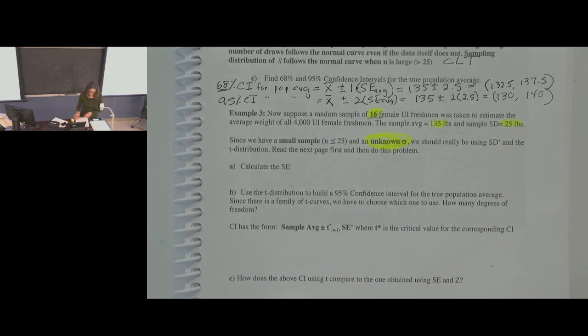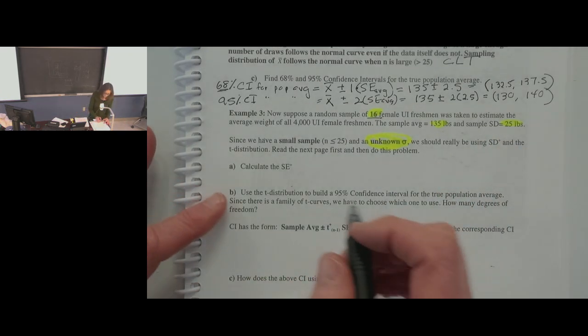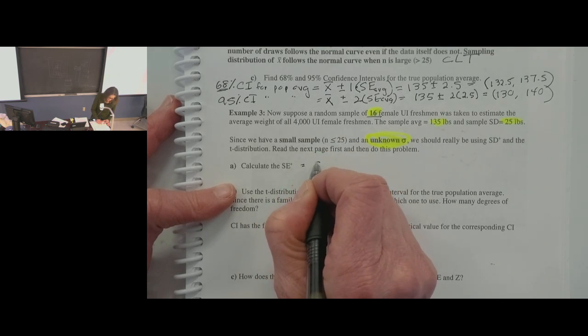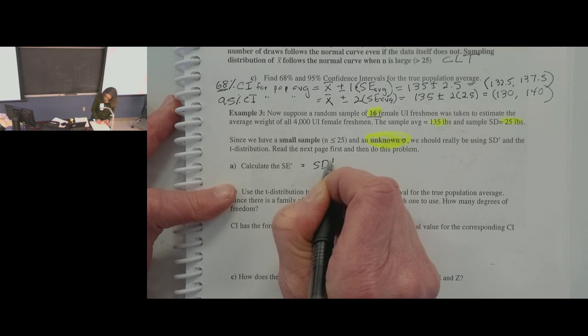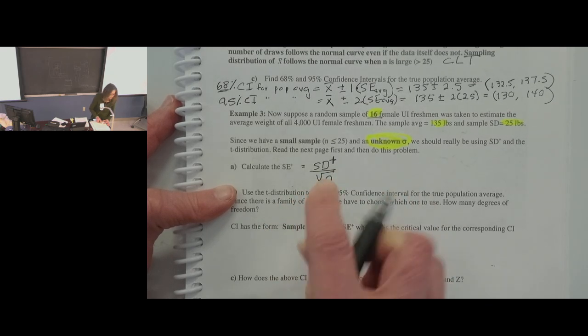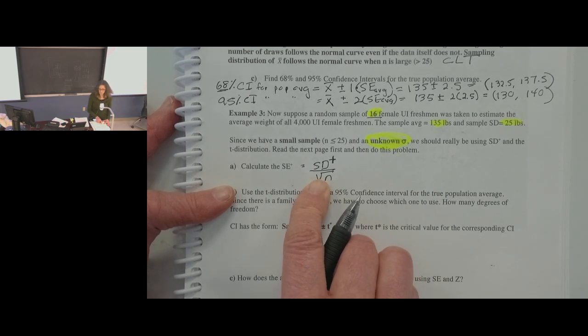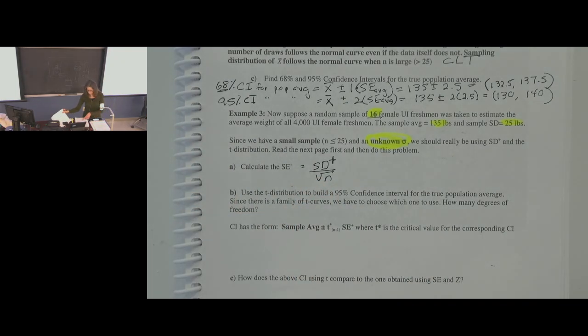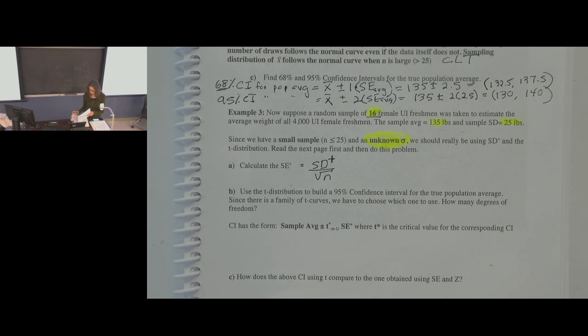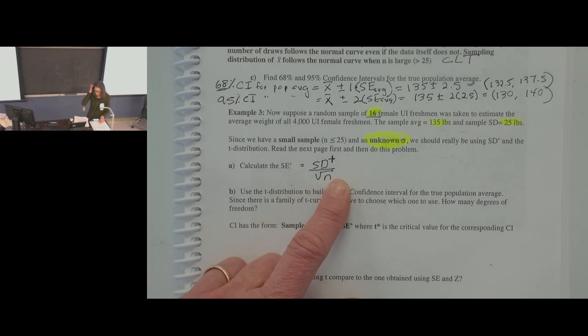So let's do that. We're going to calculate this standard error plus. That is going to be equal to the SD plus over the square root of n. We still have our exact square root of n law, except what we're doing now instead is calculating a standard deviation plus. So how do we do that?